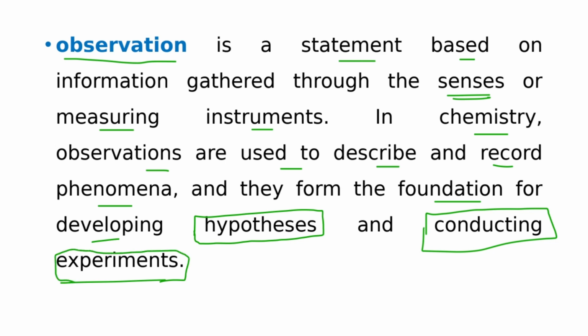Now, for example, what do we mean by observation? If you mix two clear liquids and the solution turns blue or changes color, this is an observation. You observed the color has changed. These observations are not guesses. They are recorded facts that you saw with your eyes or measured using some kind of instruments.